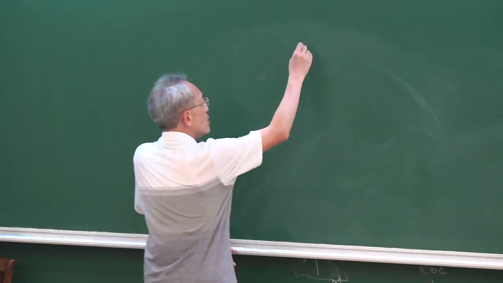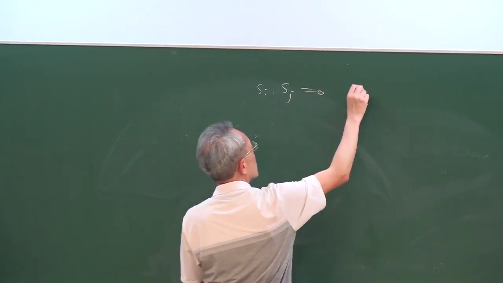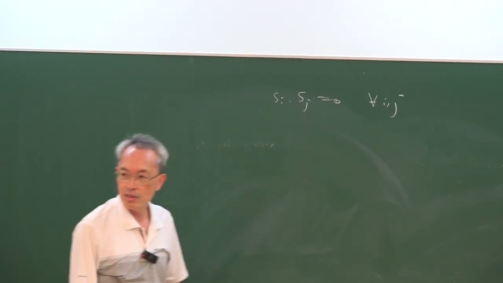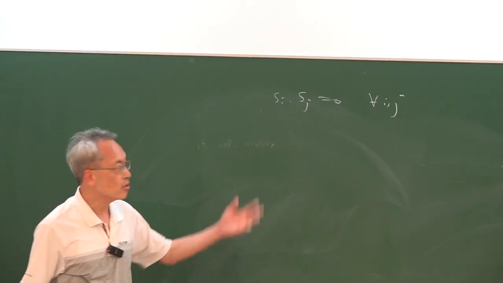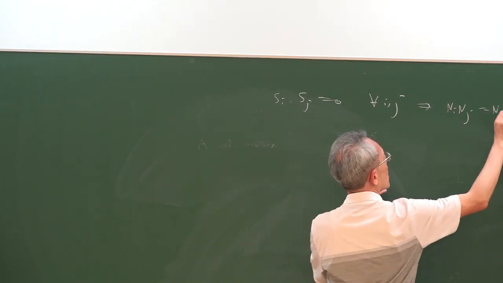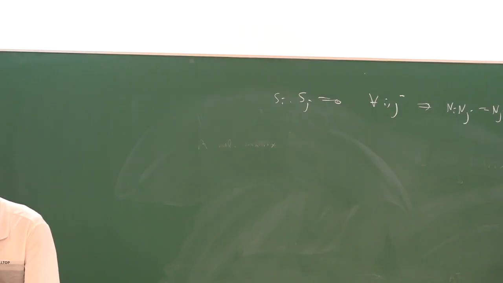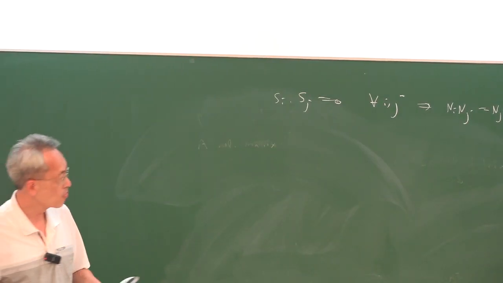So the thing is, any Si times Sj is 0, no matter whether i equals j or not. But this implies, of course, that i is negative. Okay, so that's done. So we have this extension.